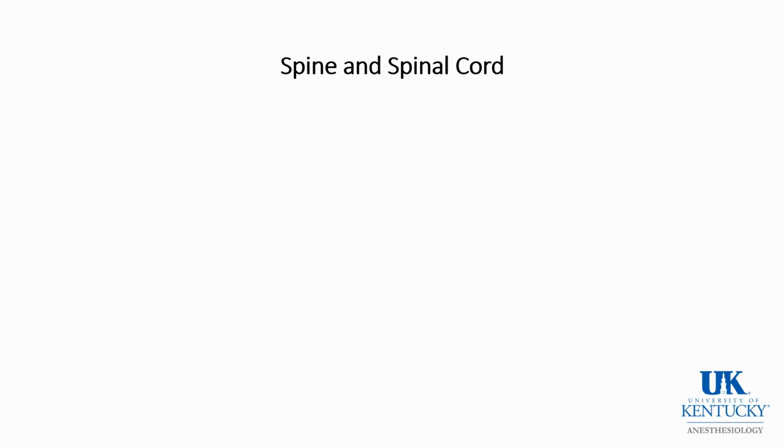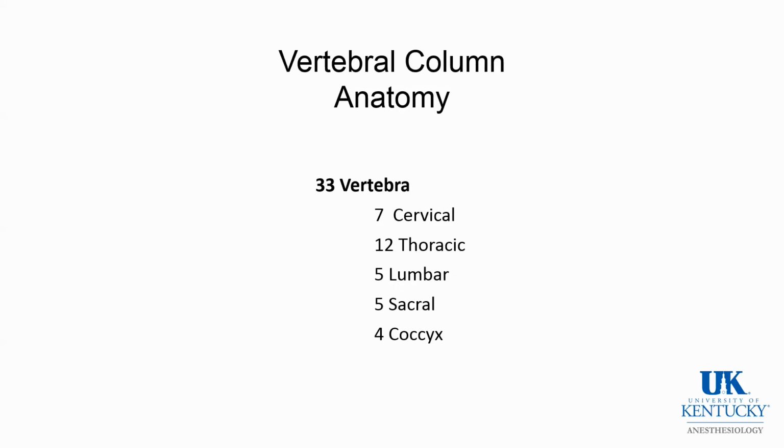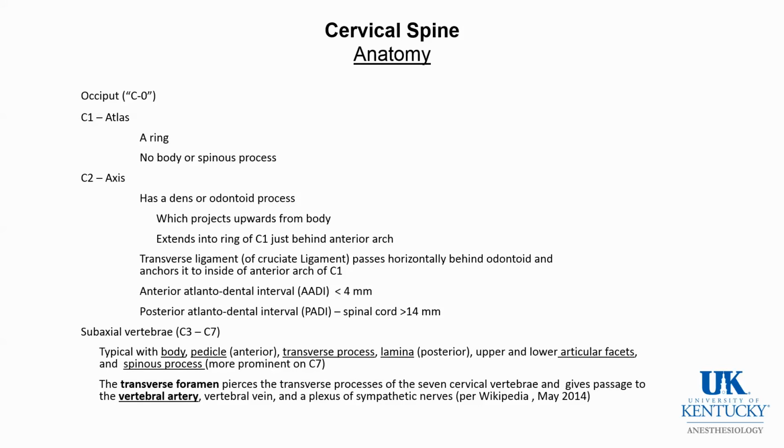First, I want to talk about the spine and the spinal cord. As you know, there are 33 vertebrae. The cervical spines are rather unique. Some consider the occiput as C0.